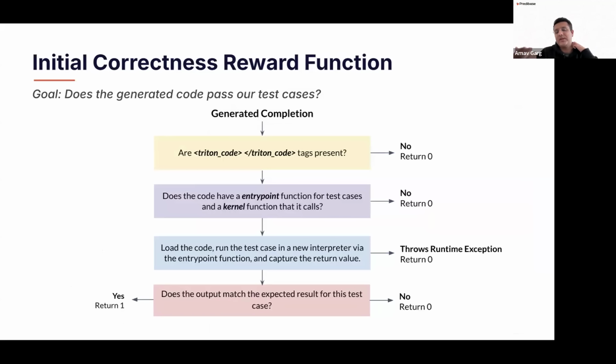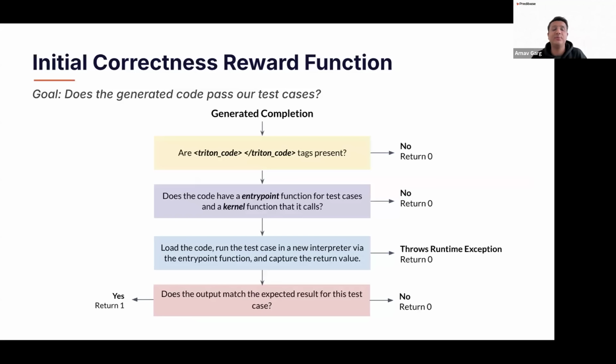But if yes, we can extract that code out from those 2 tags using regex matching. And then we check, hey, do you have an entry point function, basically a regular PyTorch function that we can call and pass in the test case values? And does that invoke a kernel call internally? Yes or no. And you can do that by loading the code into a module and doing some interesting massaging and parsing.